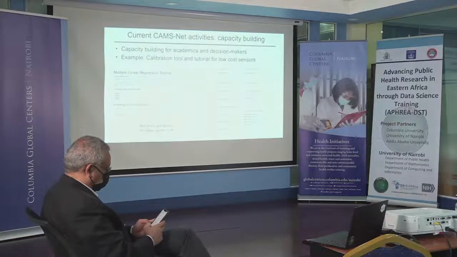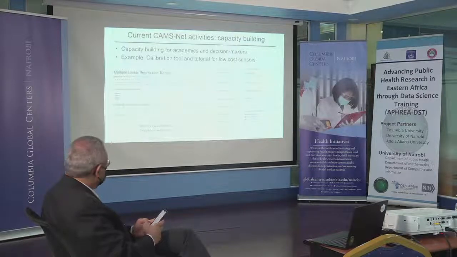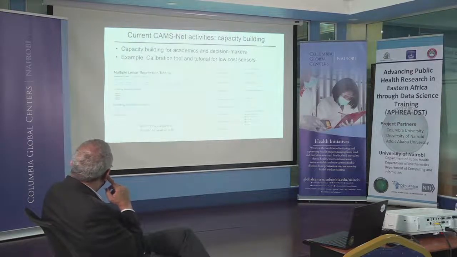We take two sets of data, take a set of particulate matter data from a reference monitor or a regulatory grade, research grade monitor, and also take data from a low cost sensor, which are cheaper and the data quality is less good.